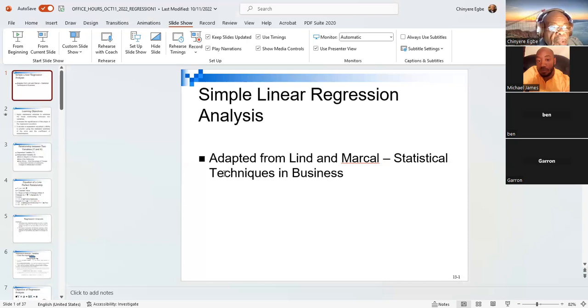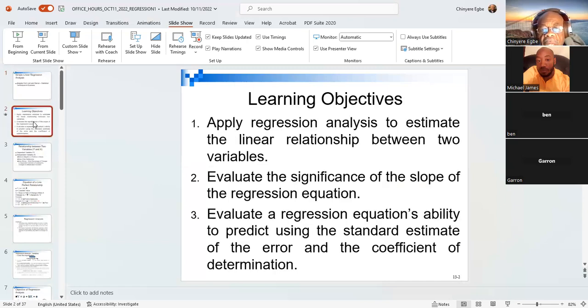So in a simple linear regression, our objectives will be to apply regression analysis to estimate the linear relationship between two variables. We will also evaluate the significance of the slope of the regression equation and evaluate the regression equation's ability to predict using the standard error of the estimate and the coefficient of determination.